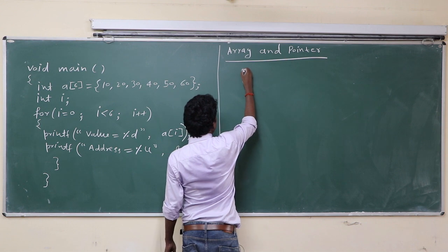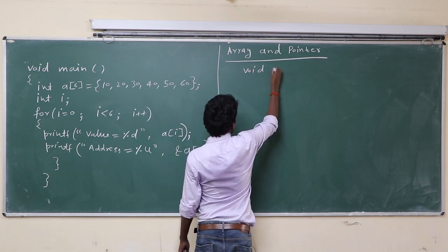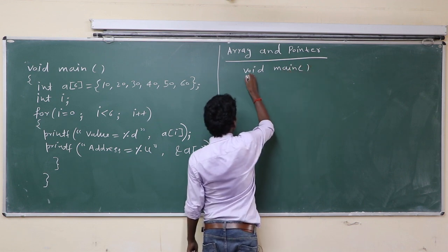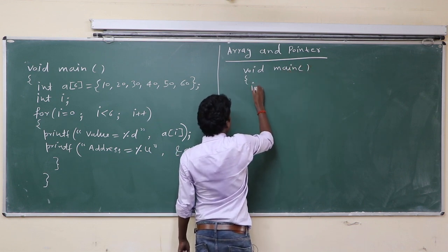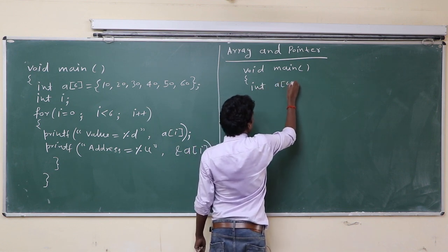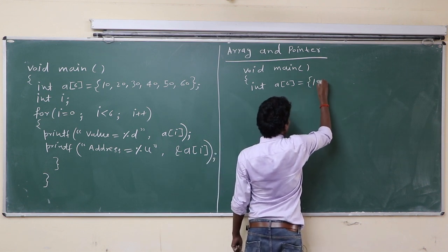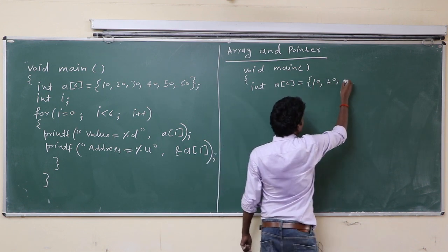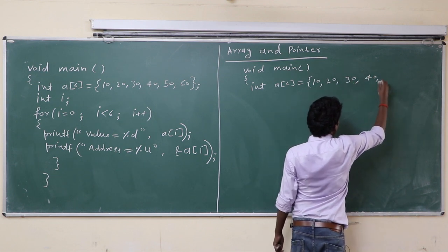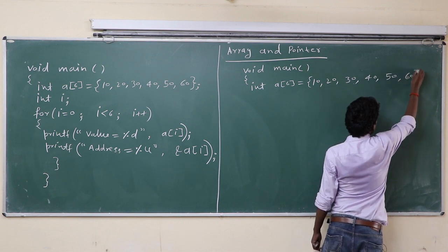Here, void main, int a of 6 equal to 10, 20, 30, 40, 50, 60.